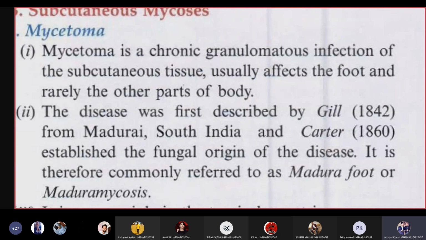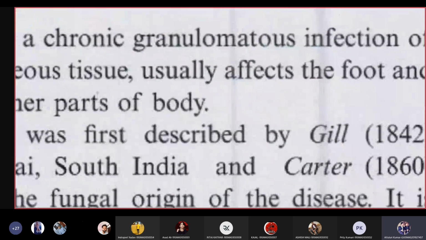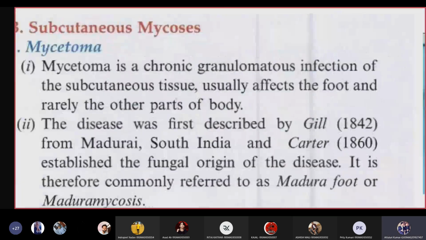Usually this infection happens on the foot, and is rarely seen in other parts of the body. Commonly it causes infection to the foot.